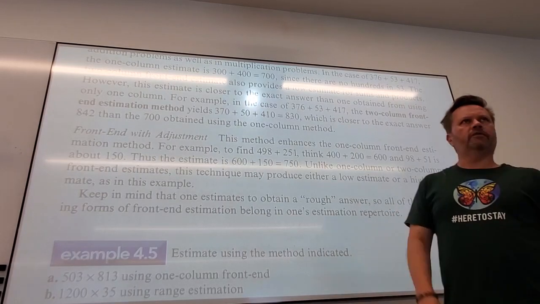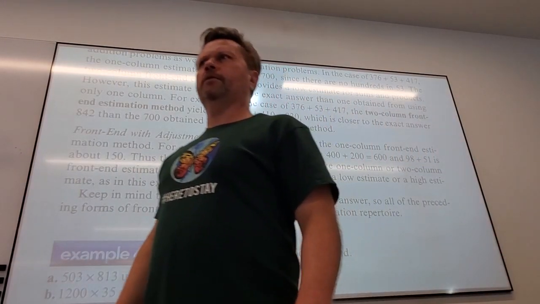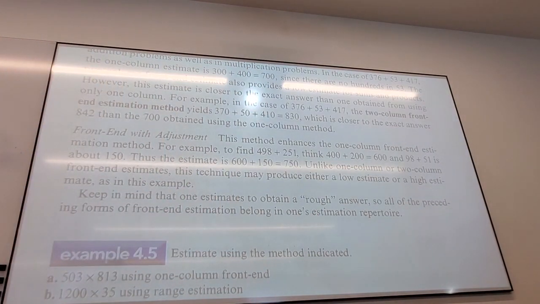So then you get 750. So front end by itself just means kind of like the lower end of a range estimate, just the first numbers you see. With adjustment means you estimate whatever's left.